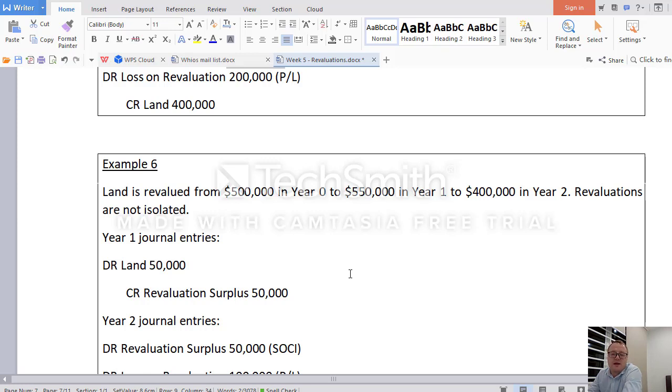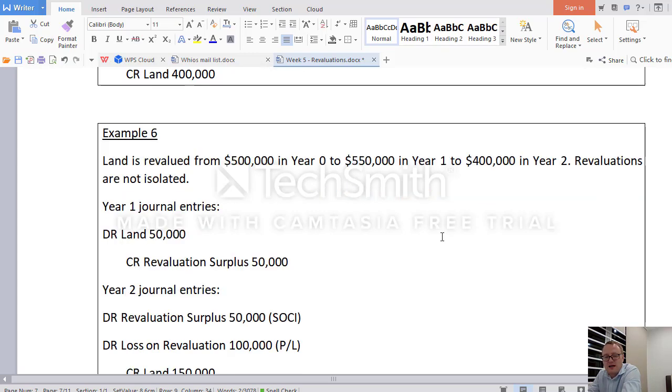And a similar example here, land is initially revalued upwards and then downwards. So initially the increment is 50,000. The increment does not affect the income statement, it affects OCI, that's why you put it as credit revaluation surplus. And then from 550,000, the decrement is to 400,000. The difference is 150,000.